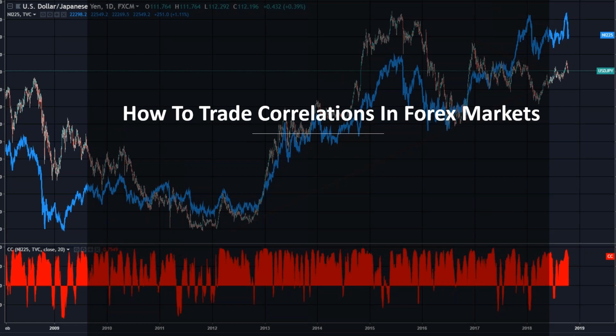And then there's a strategic part, where we want to improve our own trading and look at different angles and unique opportunities. Correlations is certainly one of those ways to do that.